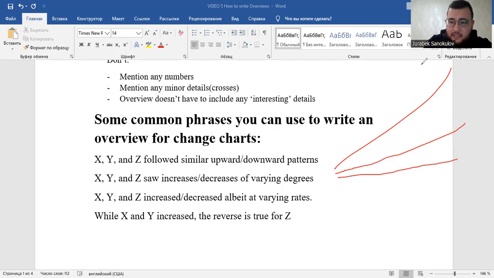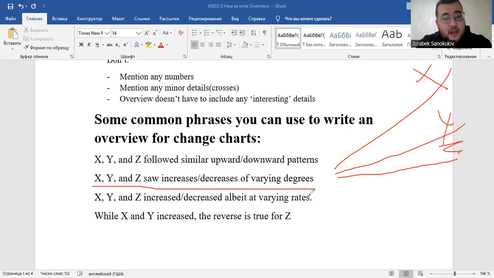This one, let's just say X, and this is Y, and this is Z. So if you notice, X had a bigger change, a bigger increase. Y had a moderate increase, but Z had a smaller increase. So in this situation, you can use this sentence to describe this: X, Y, Z saw increases of various degrees. So, I mean, you can do this with decreases as well.